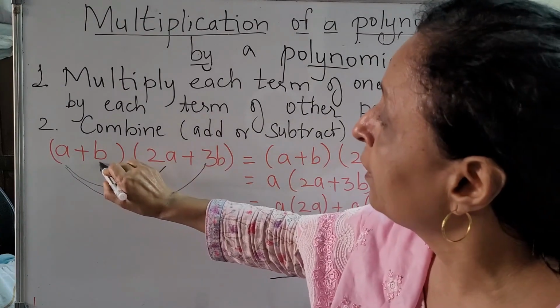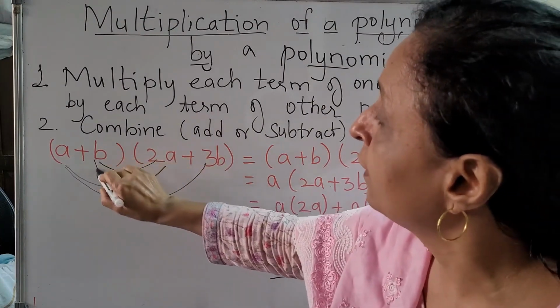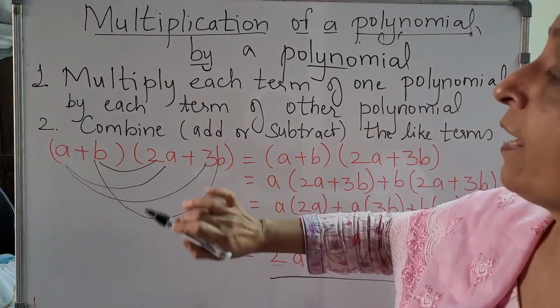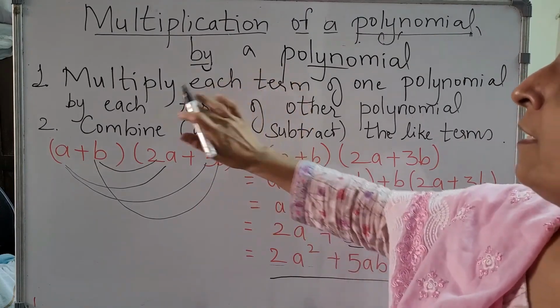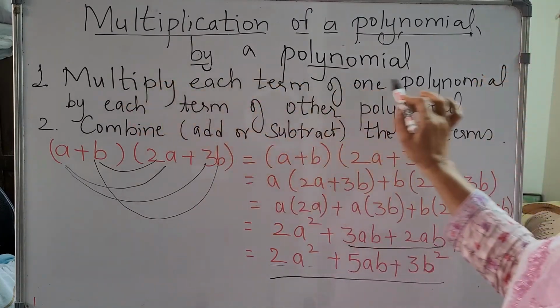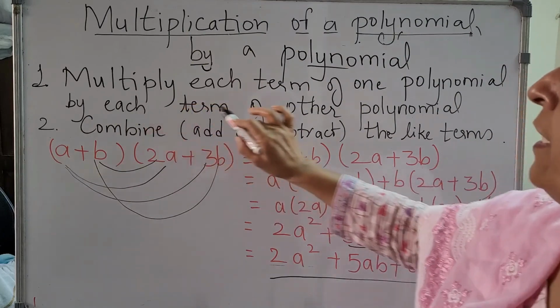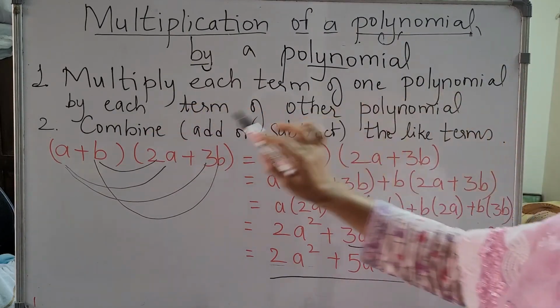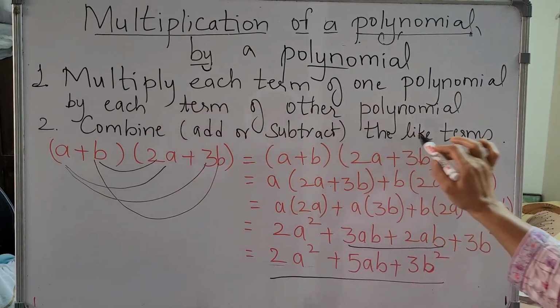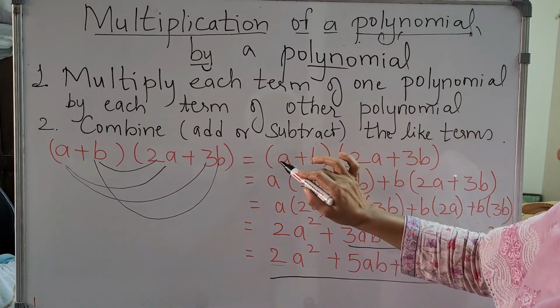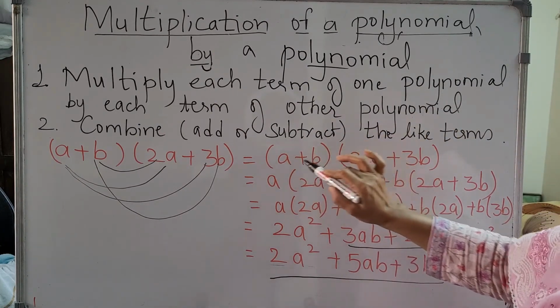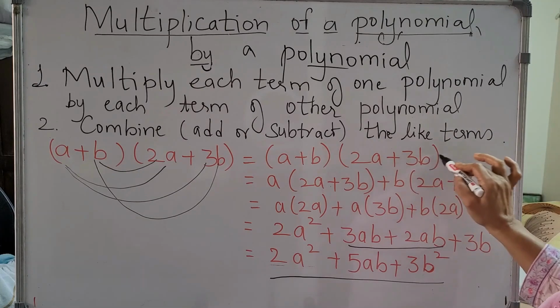Then again b, you multiply this fully. Now multiply each term of one polynomial by each term of the other polynomial. Combine, add or subtract the like terms. You can see this: a plus b times 2a plus 3b.